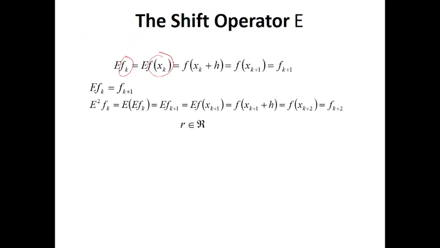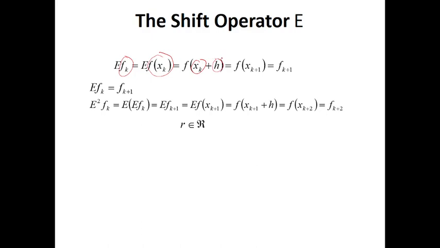So in here, when we introduce e, what happens? Okay, so when we introduce e, that is simply equal to f of x sub k plus h, meaning the argument is increased by h, which is the tabular interval.